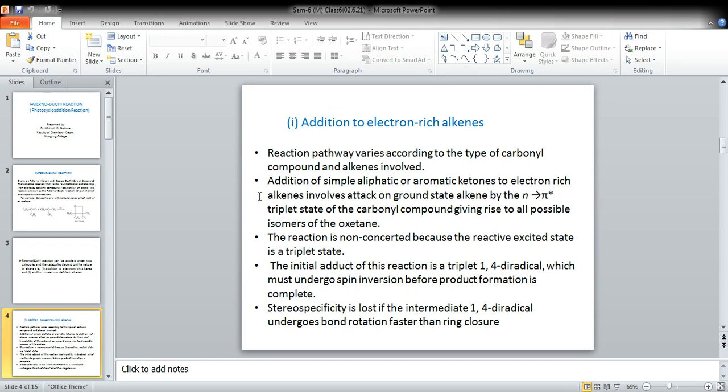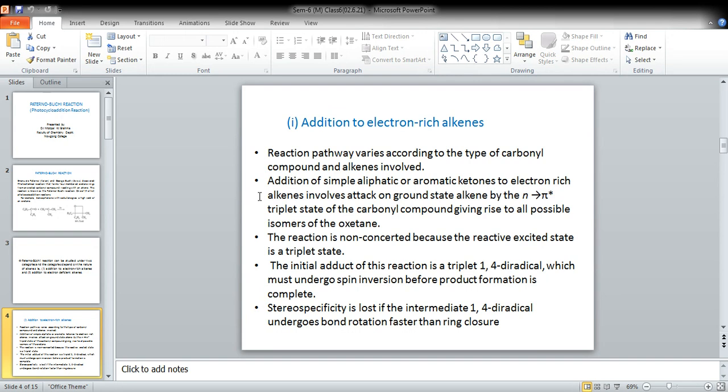And the next point, addition of simple aliphatic or aromatic ketones to electron-rich alkenes involves attack on the ground state alkene by the n-π* triplet state of the carbonyl compound, giving rise to all possible isomers of the oxetanes.